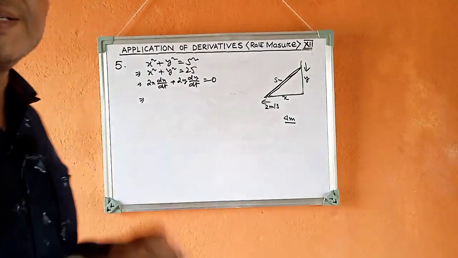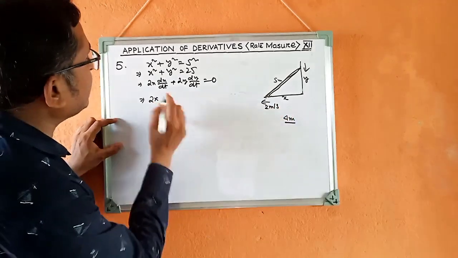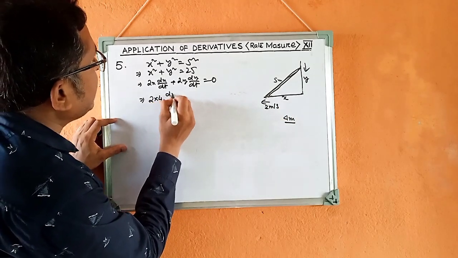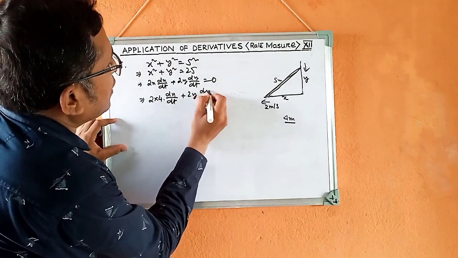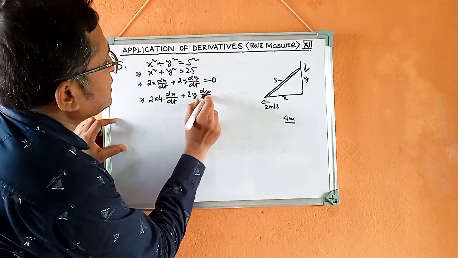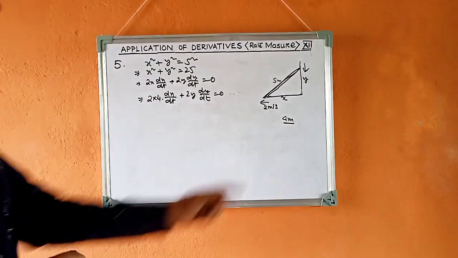Now see, 2x, that is 2 into 4 meter, which is given. So 8 dx by dt plus 2y dy by dt equal to 0. Now we are required to find y.